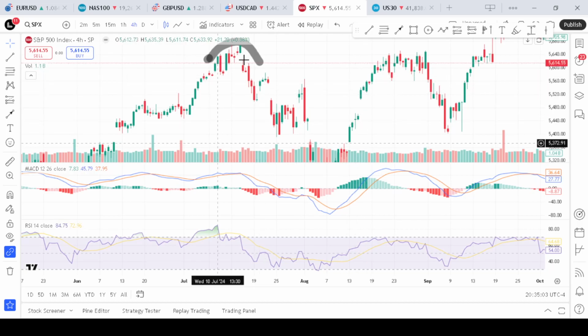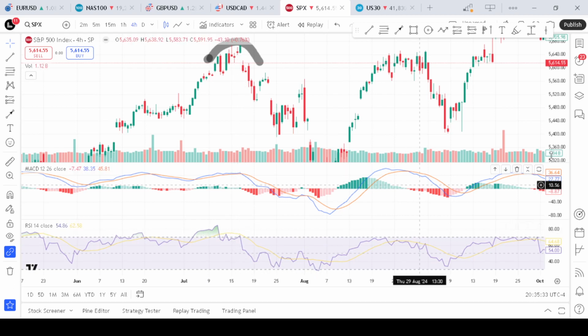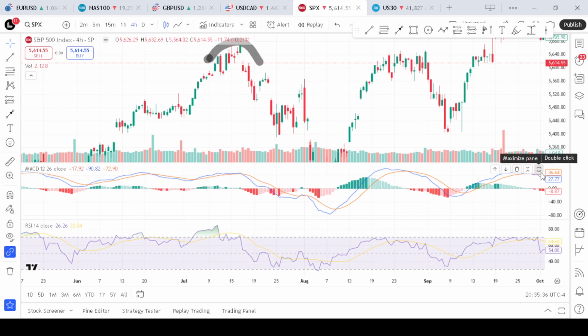As we can see at this area of the market, the MACD line is trading below the signal line, showing bearish sentiment. And the RSI is moving down from its overbought region toward its oversold region. Overbought is over 60%, showing signs that bearish sentiment will soon come into the market.